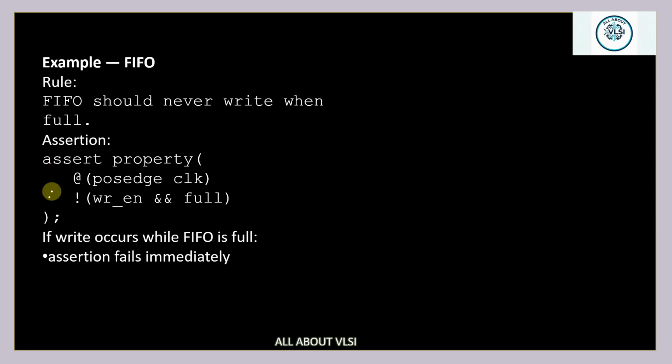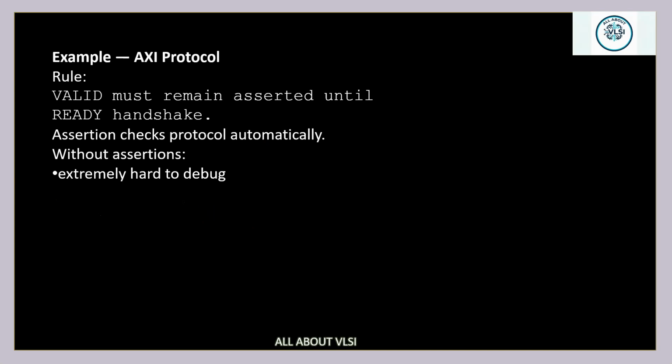To check this condition, we can write an assertion which checks that if write enable is equal to 1 and full is equal to 1, then no data is being written. You can also use assertions in the AXI protocol, where we have a valid signal and a ready signal.